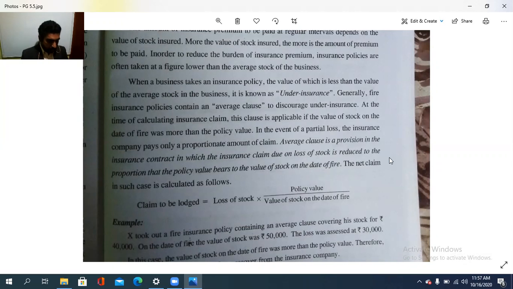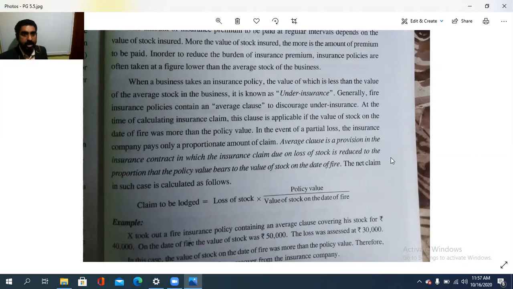So once again, what all things do we need to prepare? Firstly, the memorandum trading account for ascertaining the exact value of the stock at the time of fire. When we calculate that, we get the closing stock, that is the exact value, and from that we need to deduct the salvage value of the stock at the time of the fire.